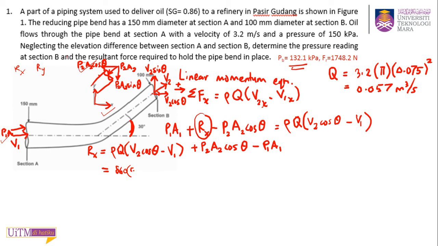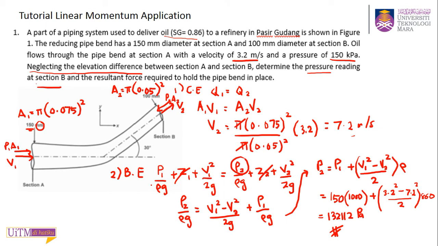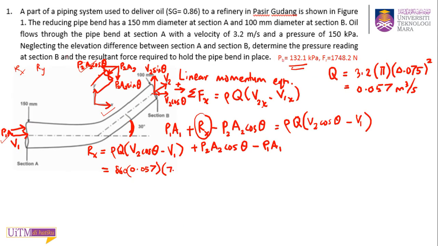So put back your value, 0.057, times V2. What was V2? V2 is 7.2, 7.2 cos theta, here it is 30, minus V1. V1 is 3.2.